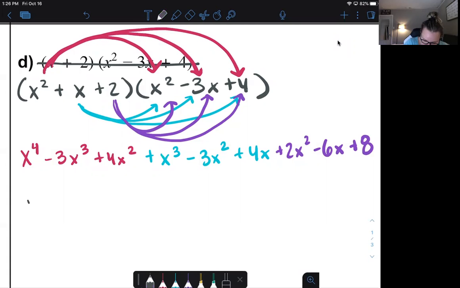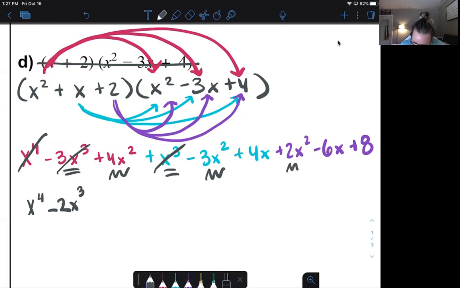So x to the 4th is the only x to the 4th term. For x cubed, there's 2 x cubed terms: negative 3x cubed plus x cubed is negative 2x cubed. Then 4x squared, negative 3x squared, and 2x squared. 4 minus 3 is 1, plus 2 is 3.